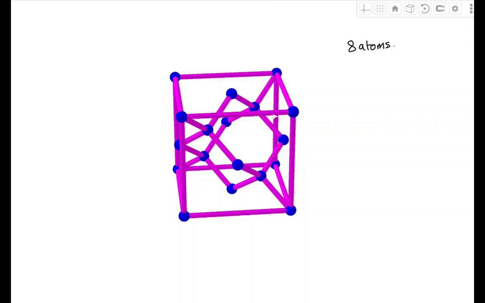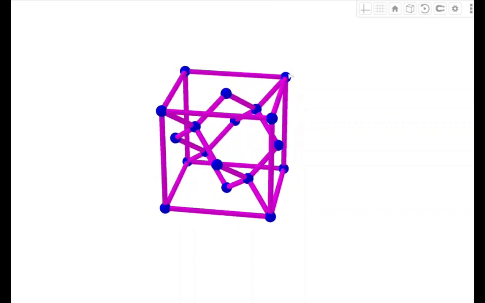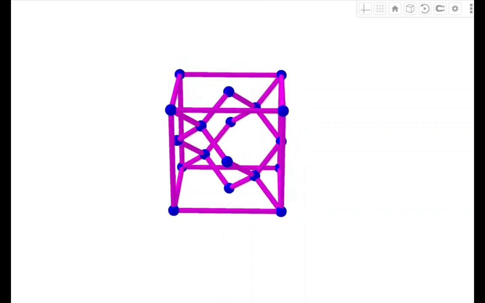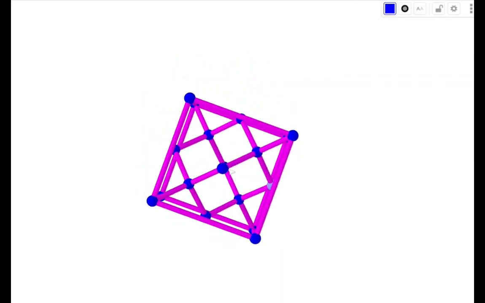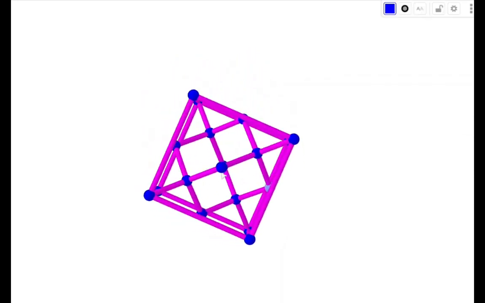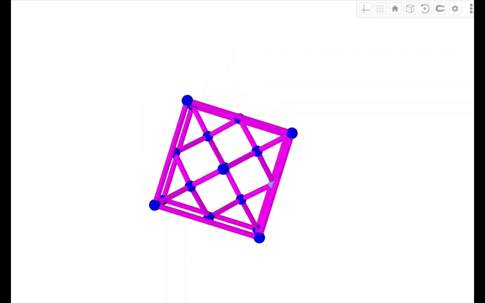Now, by looking at the structure here, we have 8 atoms on the corners and in the middle of the face here, we have one atom here. Let's have this one here. Now we have here 8 atoms in the corners.